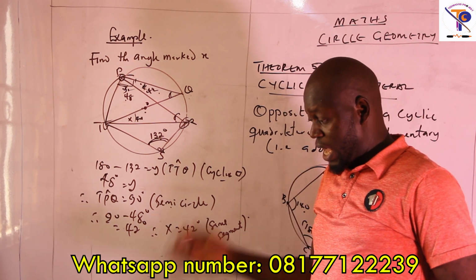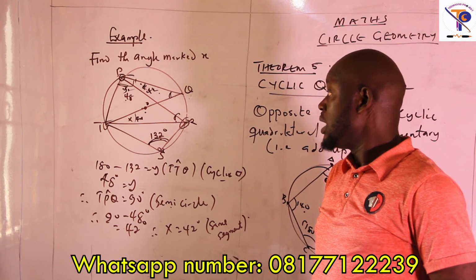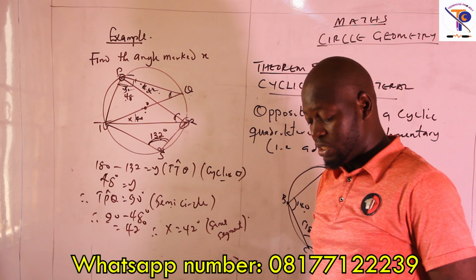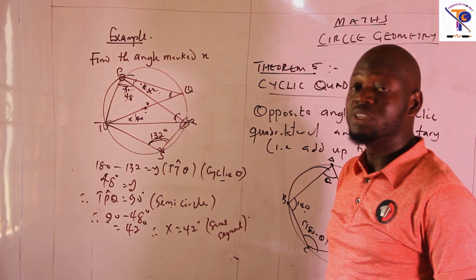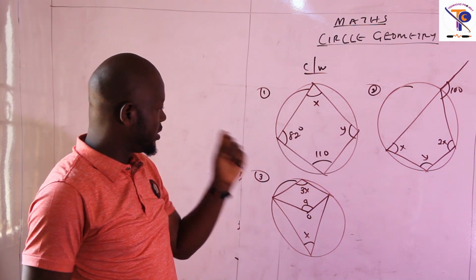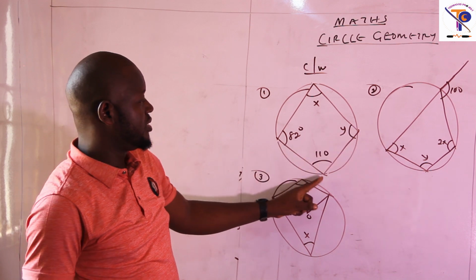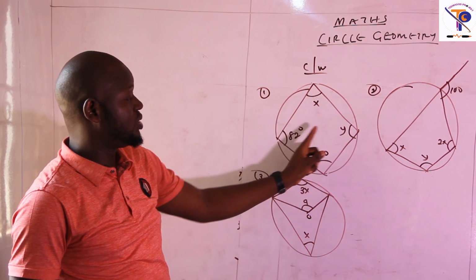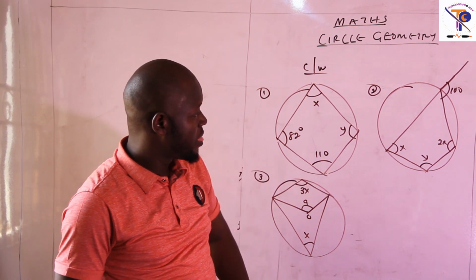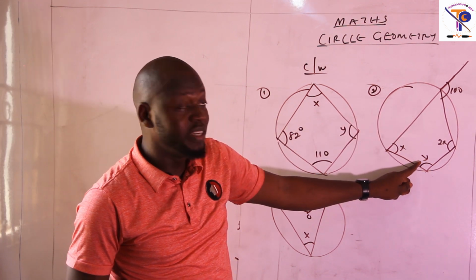Let me give you classwork. Try some questions, then we can proceed from there. Look at this. We are solving for x and y. I can see a theorem here. This one is related to this. This one is related to this. And here, if a straight line gives us this, then we can get this one.